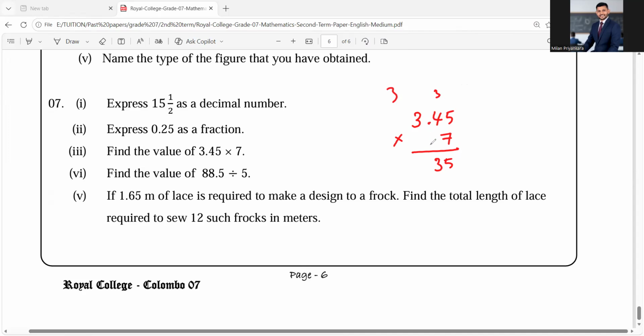And then you have to take this decimal point right below that. 7 into 3 is 21. 21 plus 3 is 24. And 24.15. So whenever you do these things, please do not forget to show all the workings. Do not erase them. Let them be visible with your answer sheet.